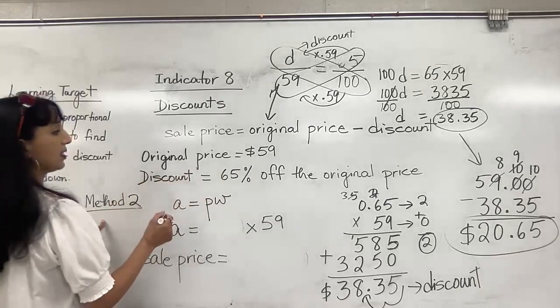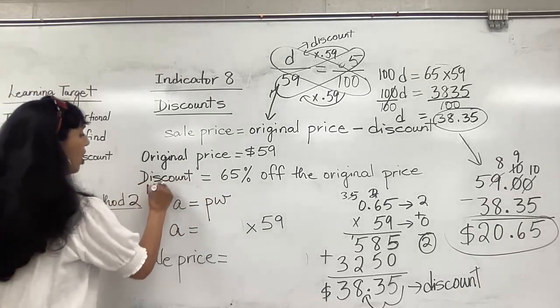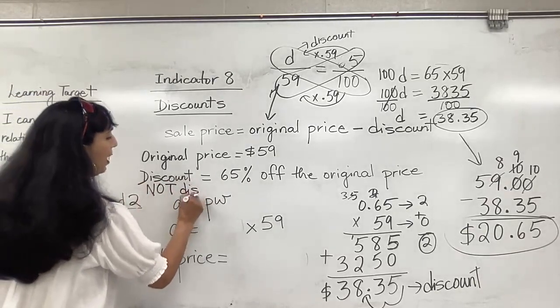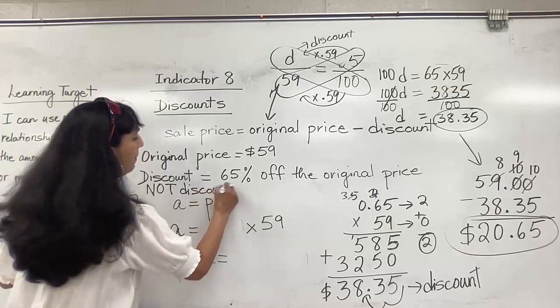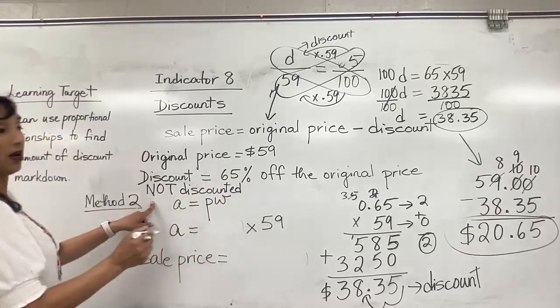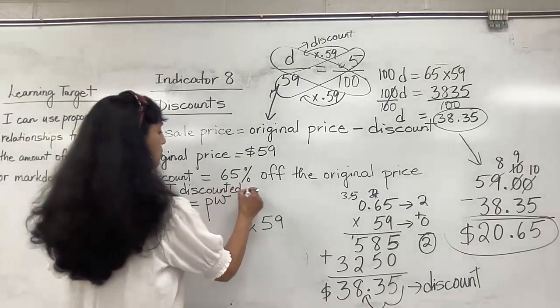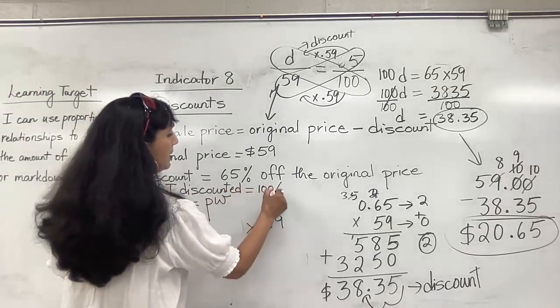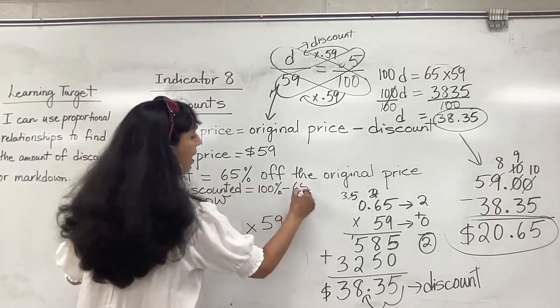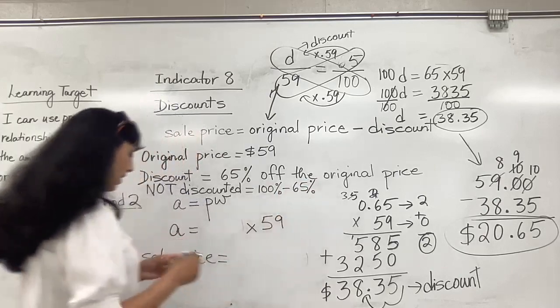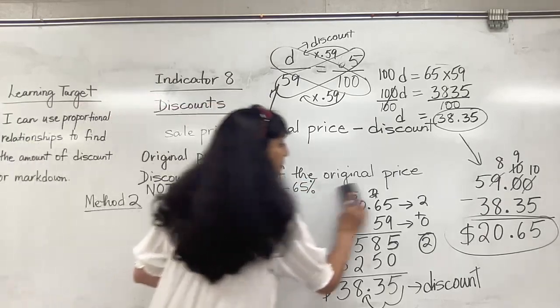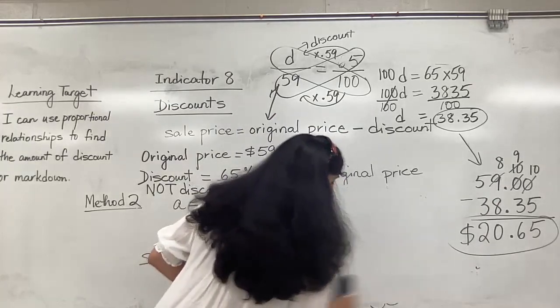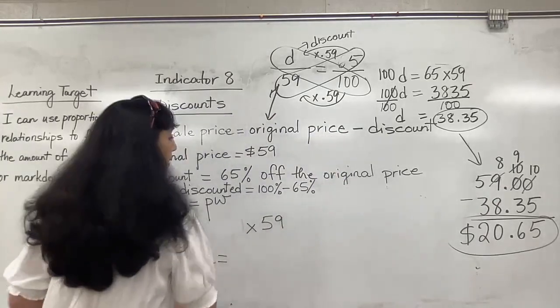If discount is 65%, what is not discounted? So if I look at that percent straight up, what is not discounted, this is going to be 100% minus the 65%. So what is not discounted? That would be my 35%, because what is 100 minus 65? It is 35.